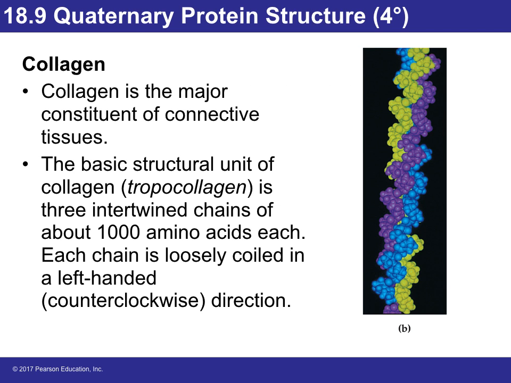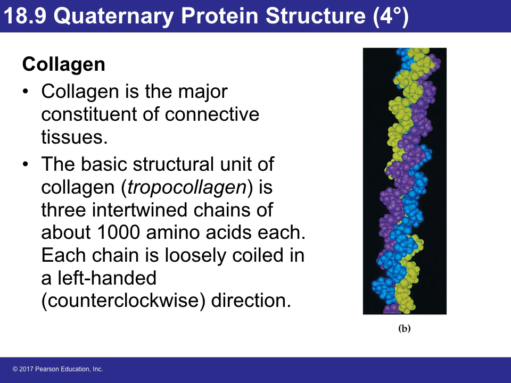Another important example of a quaternary protein structure is collagen, a major constituent of connective tissue. The basic structural unit of collagen, called tropocollagen, is 3 intertwined chains of about 1,000 amino acids each.